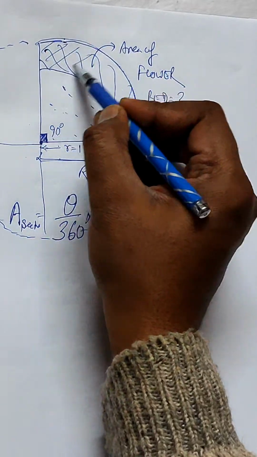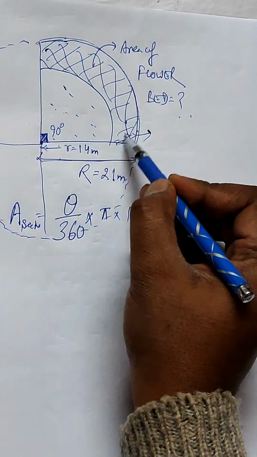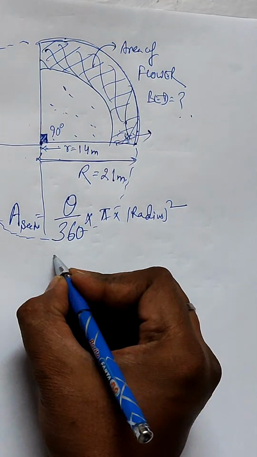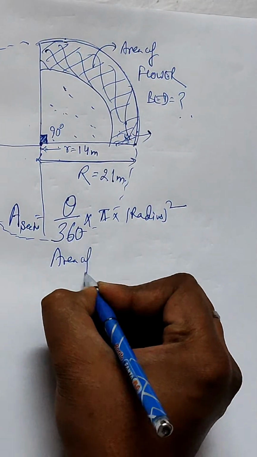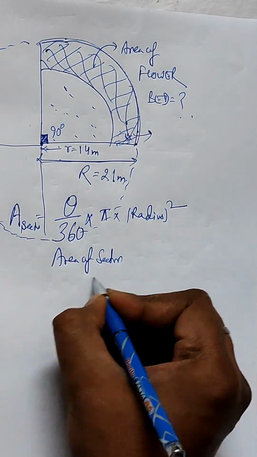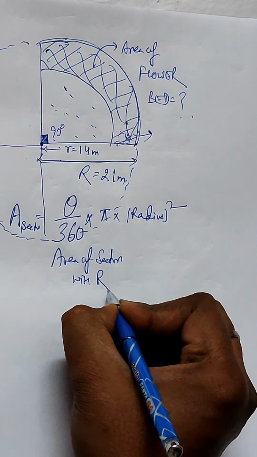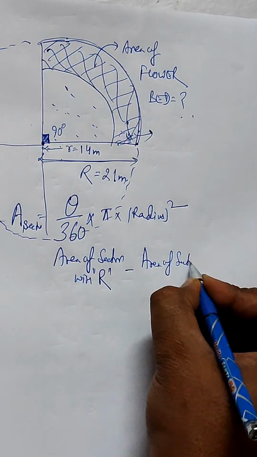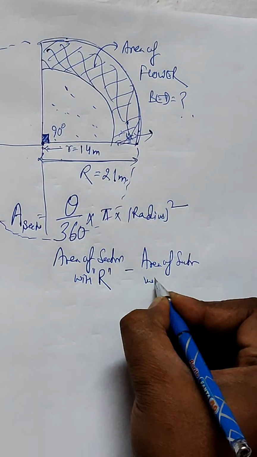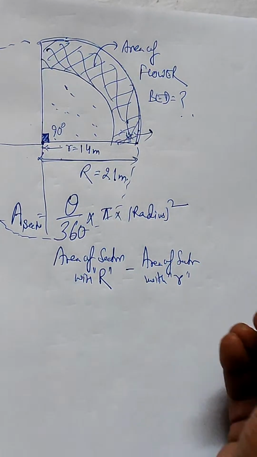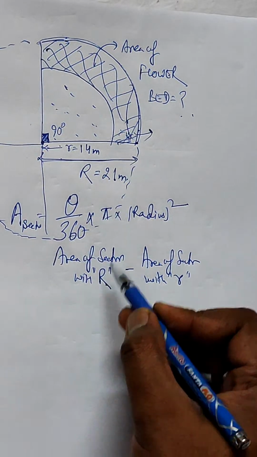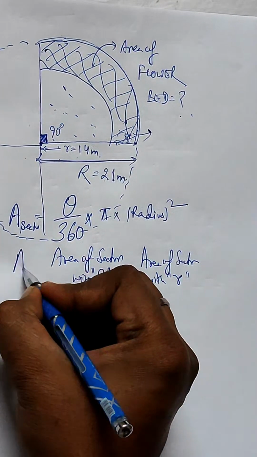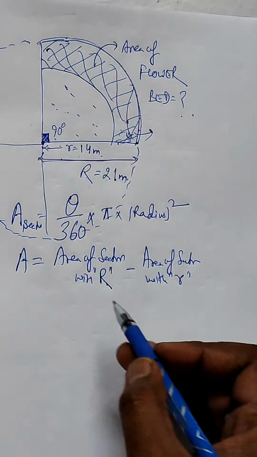The area of this flower bed can be calculated by the area of the sector with radius R minus the area of the sector with radius small r, right? Capital R is 21 and small r is 14.